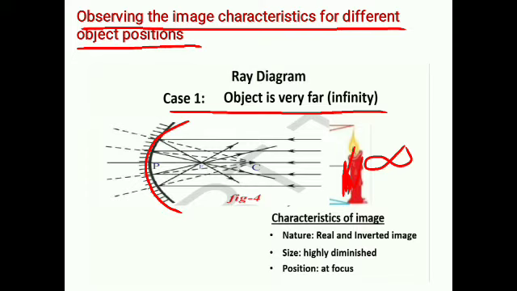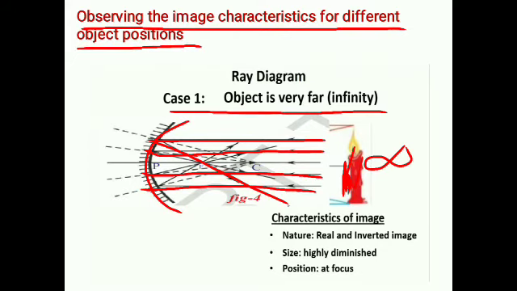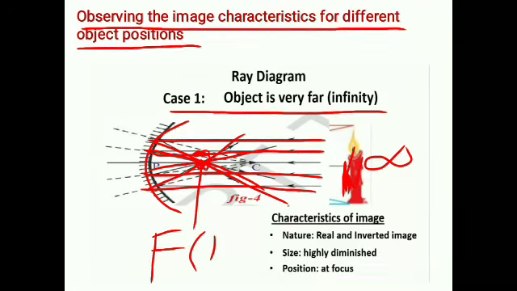According to rule 1, a parallel ray after reflection passes through focal point. Now apply this rule to each parallel ray in figure. Then all reflected rays pass through focal point, and here at focal point the image will be formed.